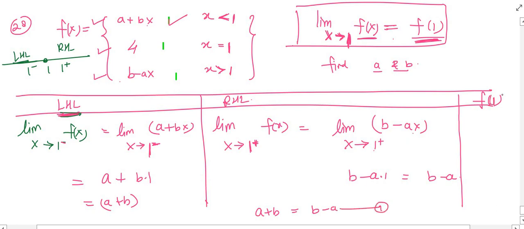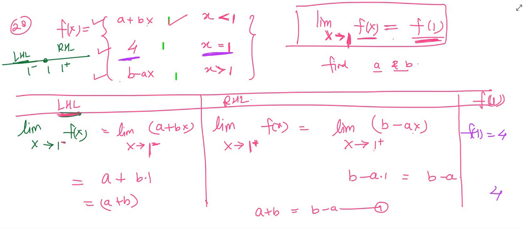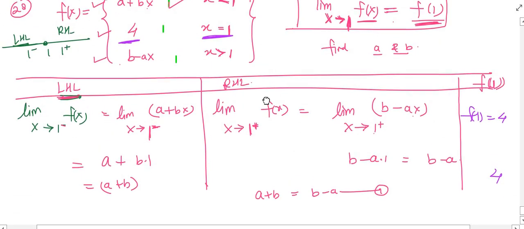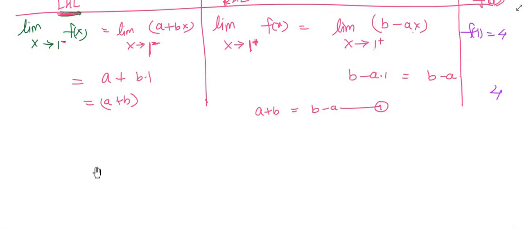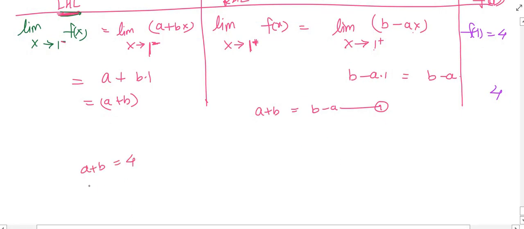Now what is f(1)? f(1) is given here. When x is 1, f is 4. So f(1) is 4. So what equation will we get from here? From the limit is f(1). So clearly they are saying a plus b is also 4, b minus a is also 4.